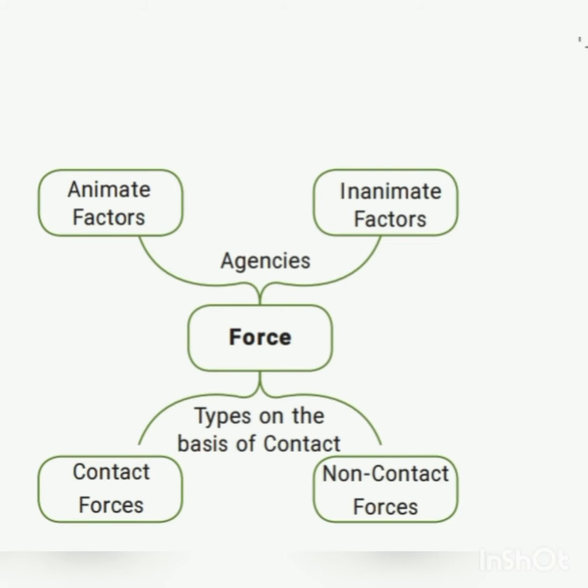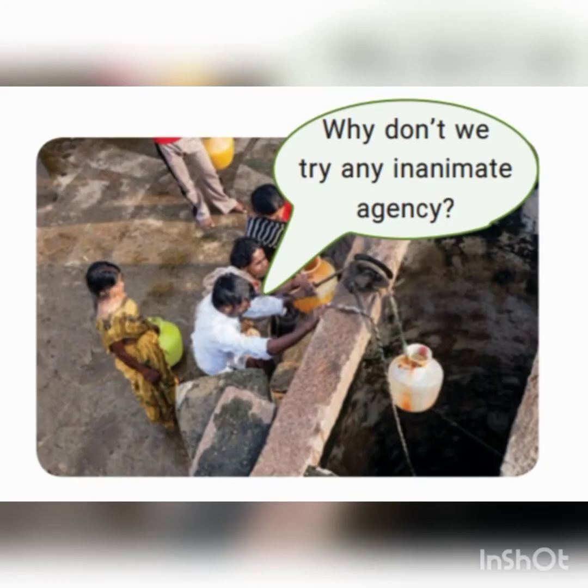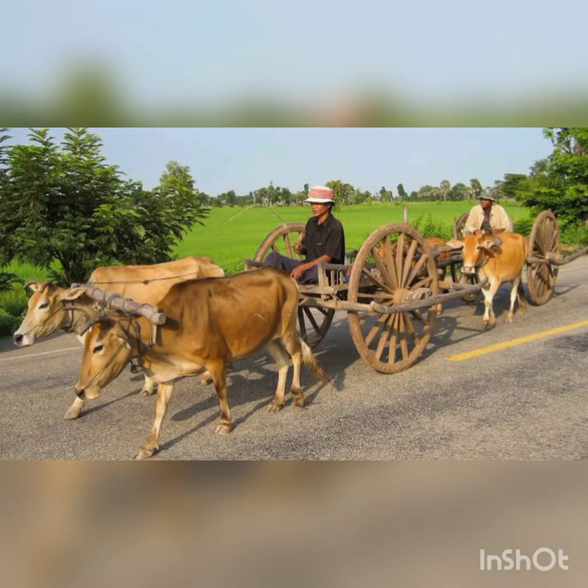Next we will see motion is caused by application of force. Forces can be applied by animate and inanimate agencies. When we pull out water from the well with a bucket and an animal pulls a cart, it is the person or animal, that is an animate agency, that does the pushing and pulling.